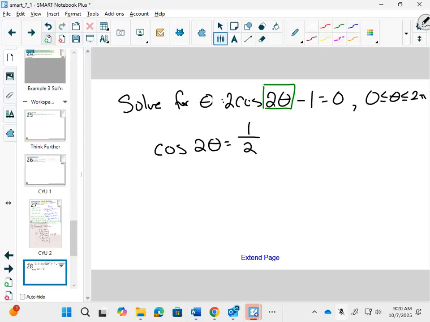So, okay, but it's a multi-revolution question. Step 1, rewrite your domain for 2 theta. If 1 theta is between 0 and 2 pi, does it make sense that 2 theta is between 0 and 4 pi?